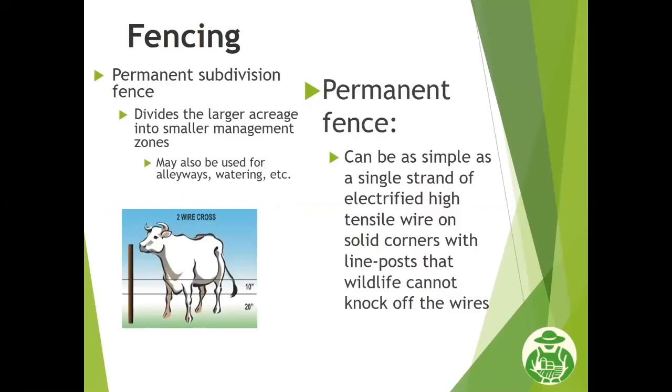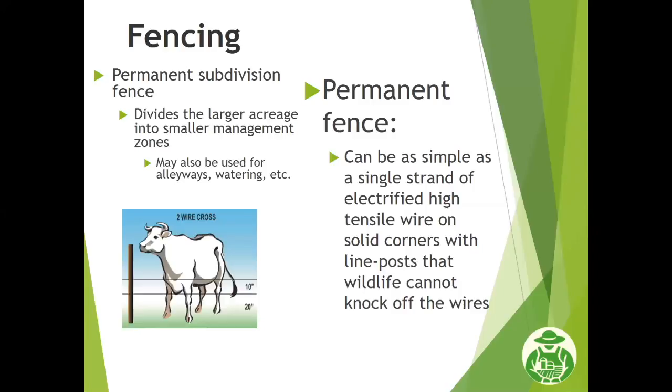There also can be some permanent subdivision fence, which is permanent fencing that you could put in for your paddocks inside of the perimeter fencing. This can divide the larger acreage into smaller zones to manage. Also, if you have, like in some of the pictures we saw, alleyways that are used for watering, this is a good type of fence to use for those systems.